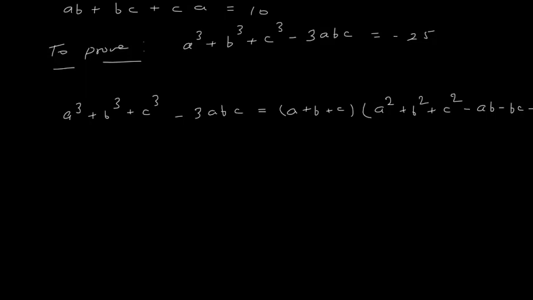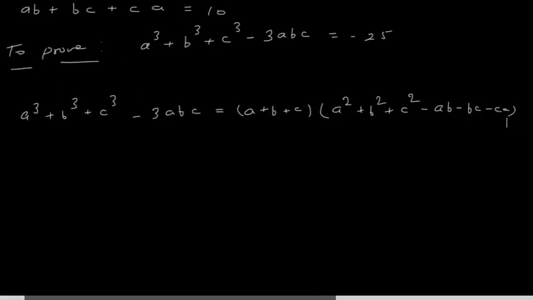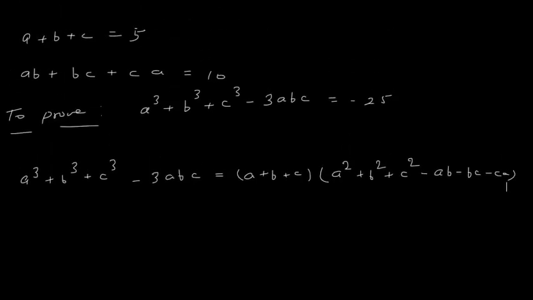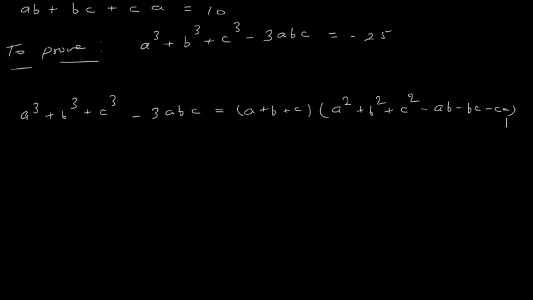I hope you remember this identity. Now the value of a plus b plus c is there, but we don't know the value of a square plus b square plus c square.